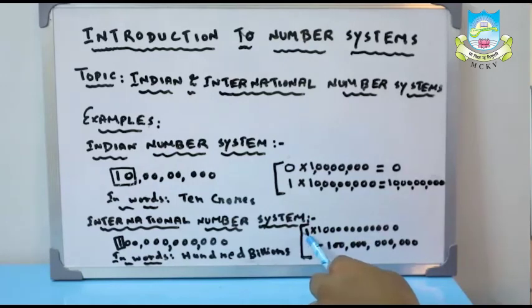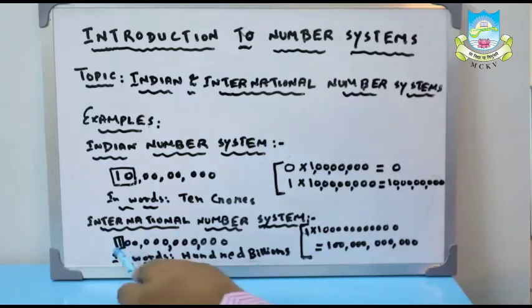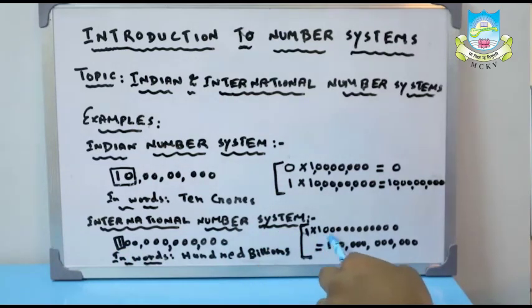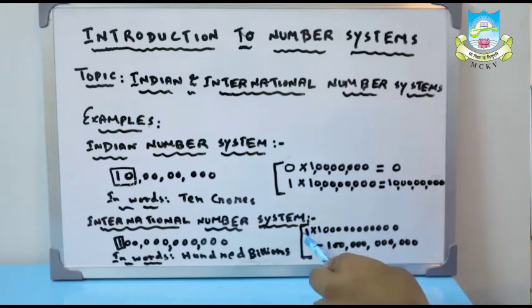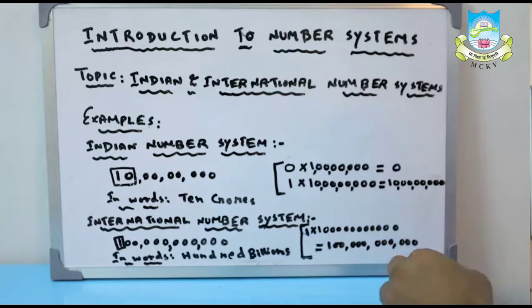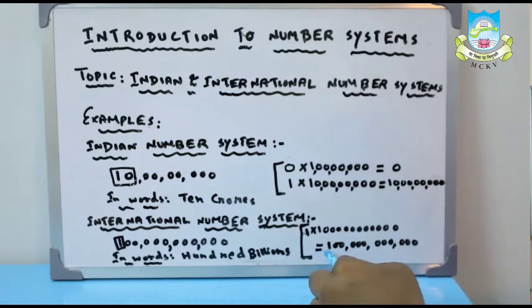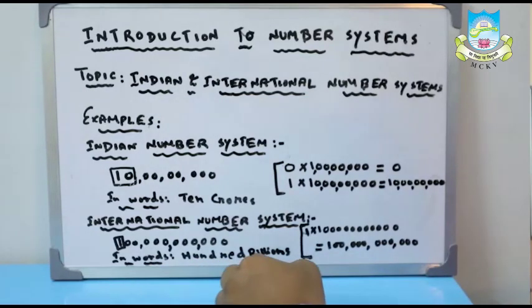The 1 is the face value, which is multiplied with the respective position it occupies in the place value chart, which is the 100 billion column. So we multiply 100 billion with 1 and we get 100 billion itself. Ones, tens, 100, 1,000, 10,000, 100,000, million, 10 million, 100 million, billion, 10 billion, 100 billion. So 12 digits, and the number is read as 100 billions.